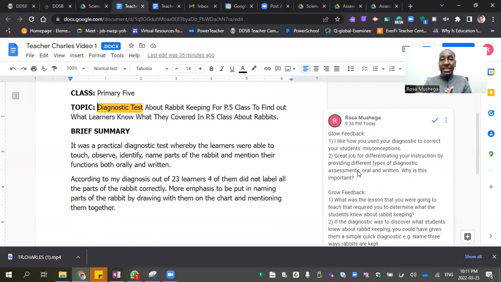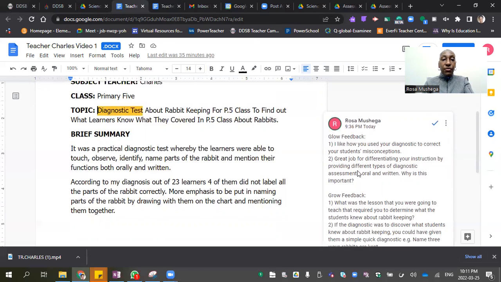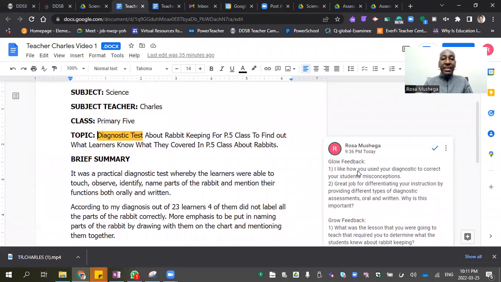But as an individual, what else could the student do to practice it other than whole class? Are there other ways that they could practice it? And then let's go back to the main question. You wanted to find out what learners know and what they covered in P5 class about rabbits.